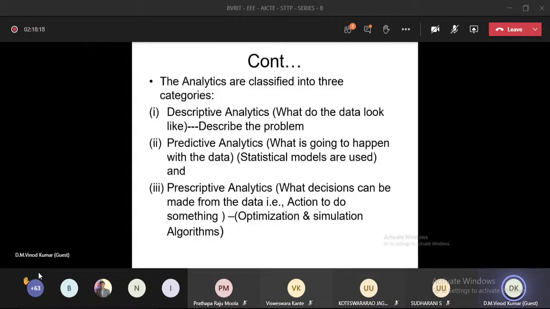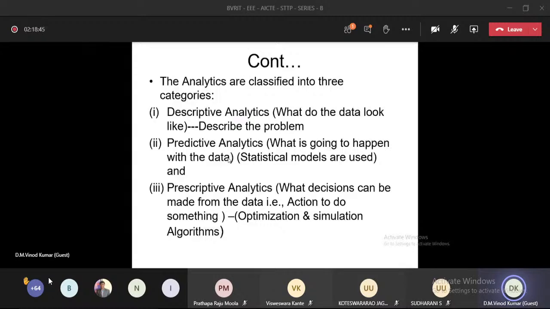In predictive analytics, I want to predict something, such as load or my profits. Statistical models are used here, and it talks about what is going to happen with the data. As I mentioned, I can predict based upon future data, then I can predict my profits or loss, whatever it may be.